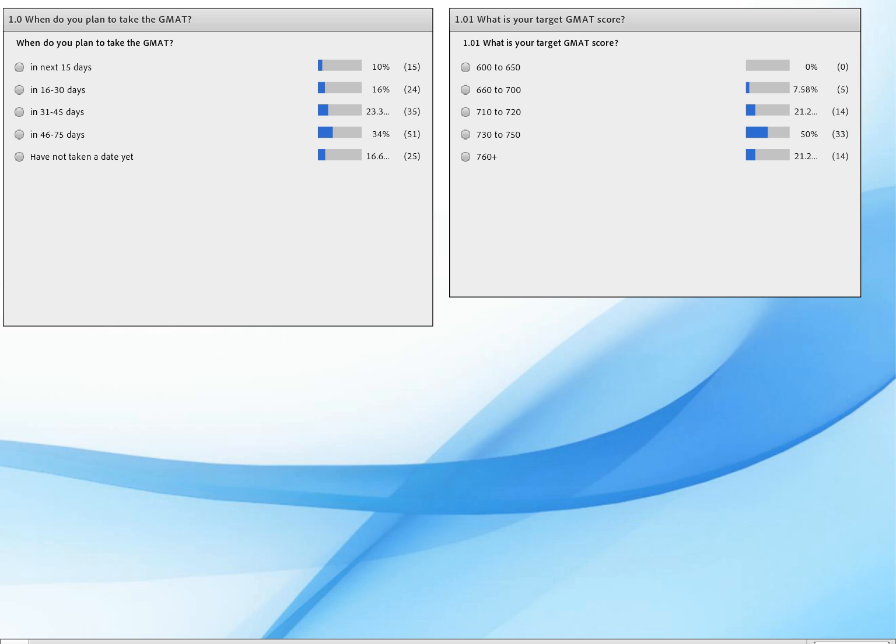Then we have two equally sized segments, those who have within a couple of weeks and those who haven't scheduled their test as yet. And then we have a few folks who have their exam right away. When it comes to the target GMAT scores, I have about 82 responses so far. Let's get to about 100 responses or so. I see the 730 to 750 bracket most popular, and the two adjoining brackets, 710 to 720 and 760 or higher, similarly popular overall. About 12% of this group is aiming for a score of 600 to 700.